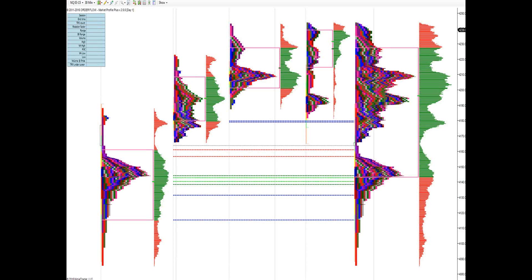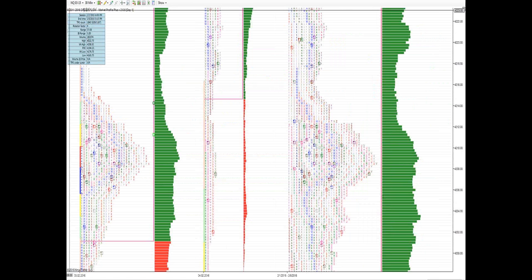And if I stretch this chart out, this is what it looks like. So you see all these little letters here, and each letter represents a period of time on the chart. And this is what you call a time price opportunity chart, TPO, and each letter represents a specific bar of time on the chart.